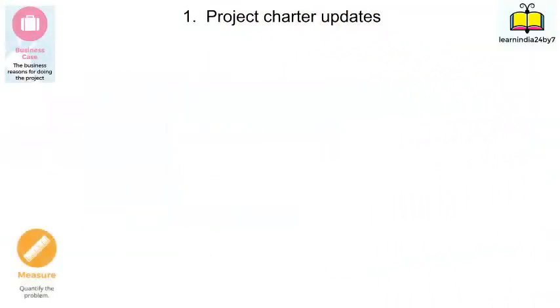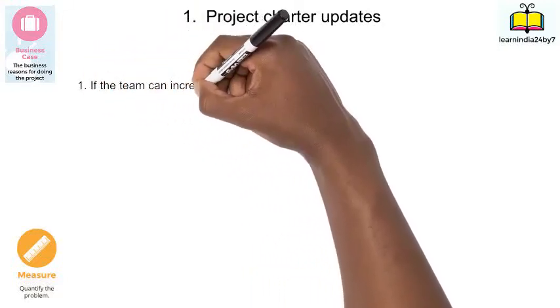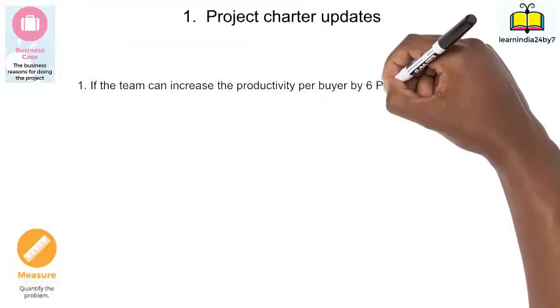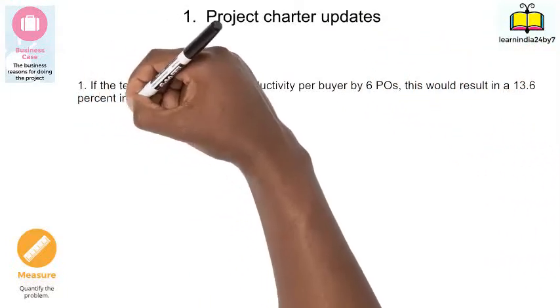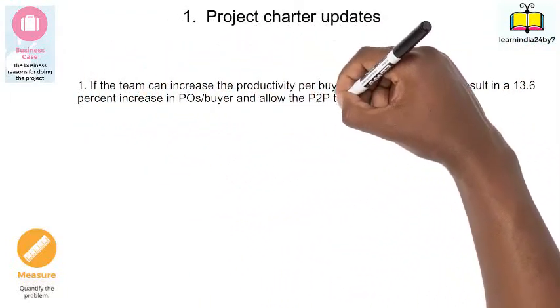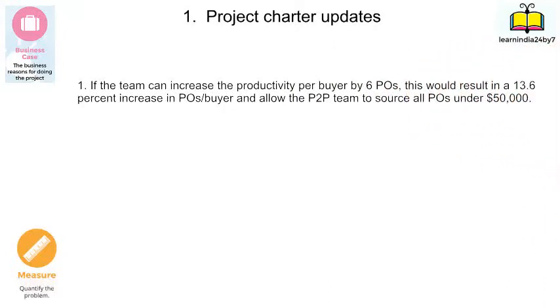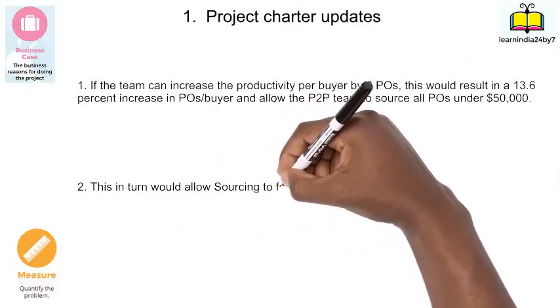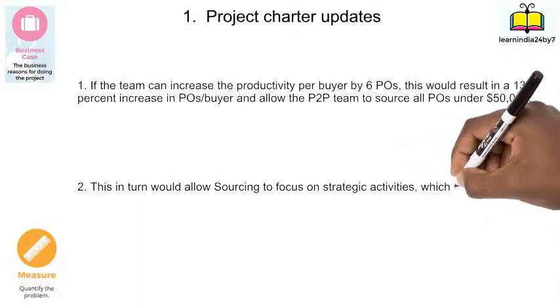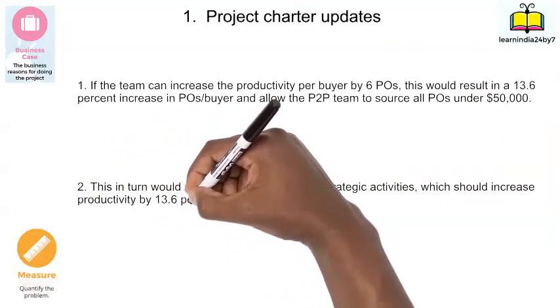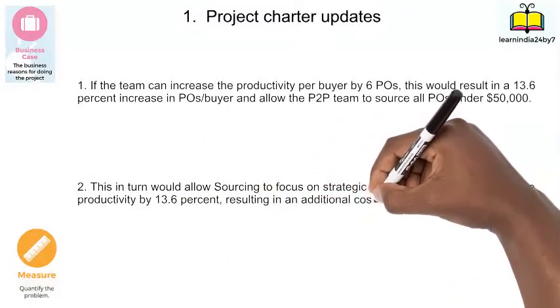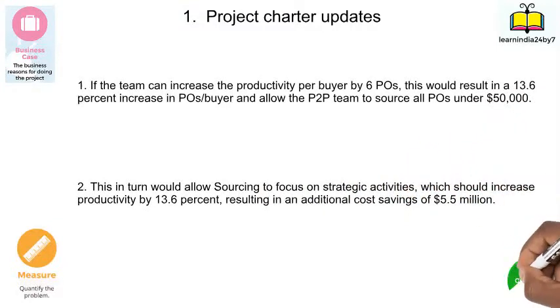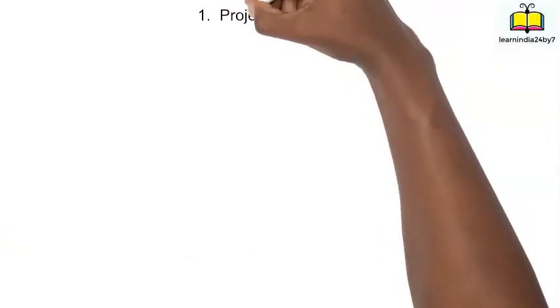Changes to the project charter were made after discussion on the potential impact of the project. If the team can increase the productivity per buyer by 6 POs, this would result in a 13.6% increase in POs per buyer. And this in turn would allow sourcing associates to focus on strategic activities, which should increase productivity by 13.6% and result in an additional 5.5 million in savings.